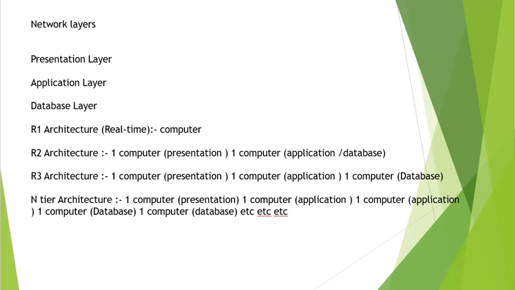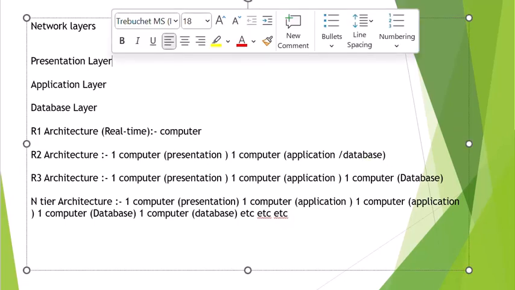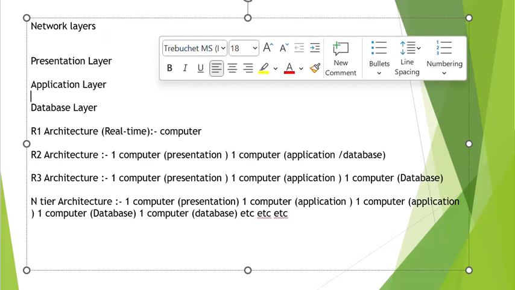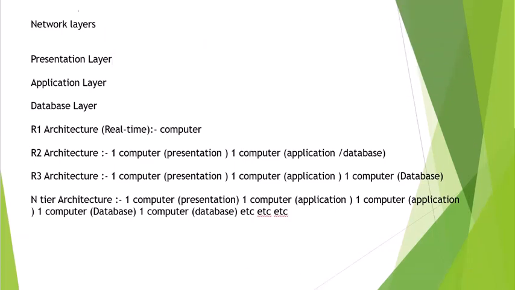When I use a Windows operating system, the basic thing the operating system will do is convert whatever I am typing into machine language, which the machine can understand, and whatever output I am getting from the machine.